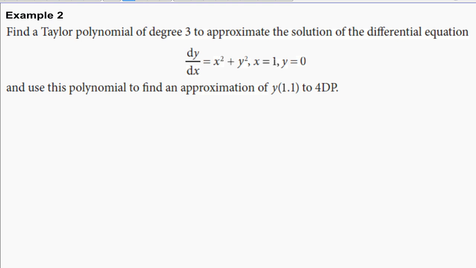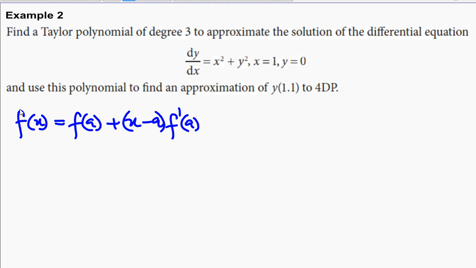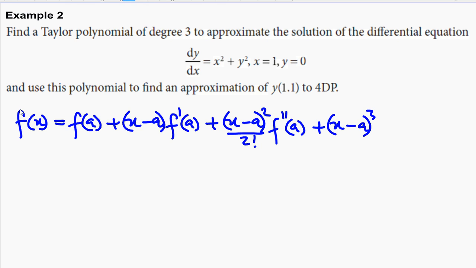Now, the Taylor series expansion is given below, and this is available in your formula booklets. f of x is equal to f of a plus x minus a f dash a plus x minus a squared over 2 factorial, and this goes to infinity.